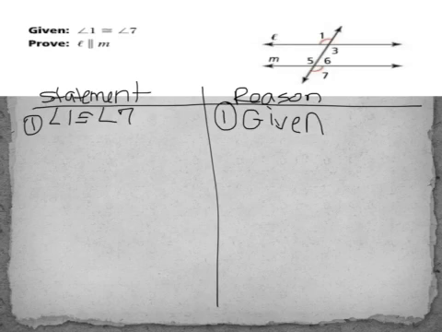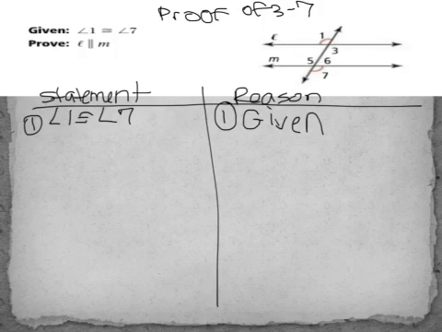So one option would be to somehow get 3 and 5, alternate interior angles, to be congruent. If we can prove that alternate interior angles are congruent, then we can prove that the lines are parallel. Since this is actually a proof, if you want to add it in, this is a proof of Theorem 3.7.